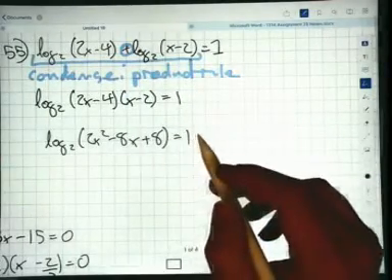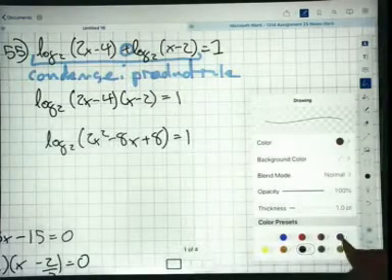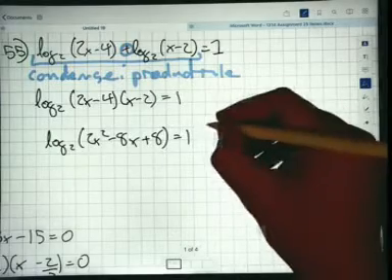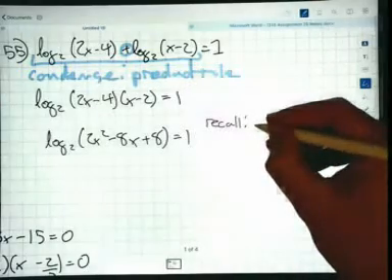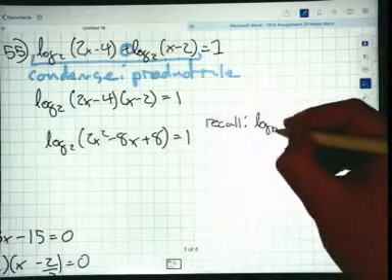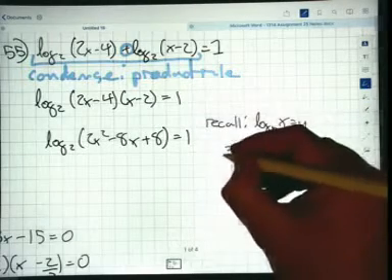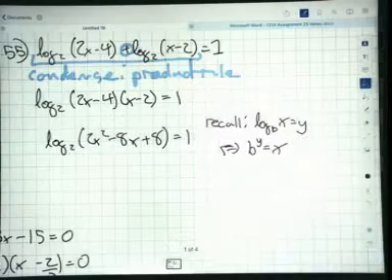Now at this point, we got to ask ourselves, how do we solve this? Well, what we're going to do is we're going to pull in that relationship between logarithms and exponents. So recall that for the log base b of x equal to y, this is equivalent to b to the y is equal to x.